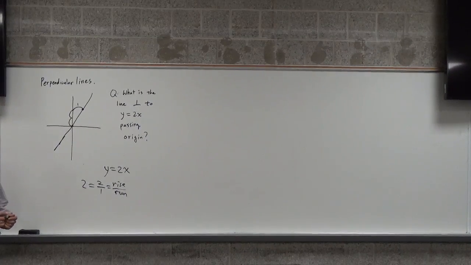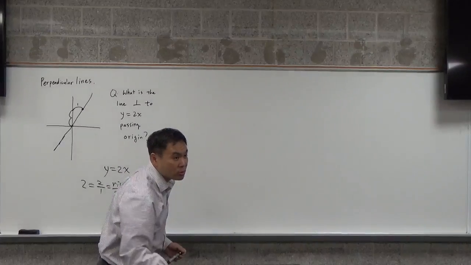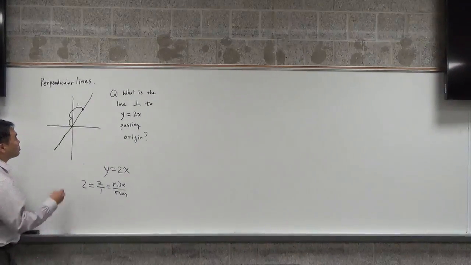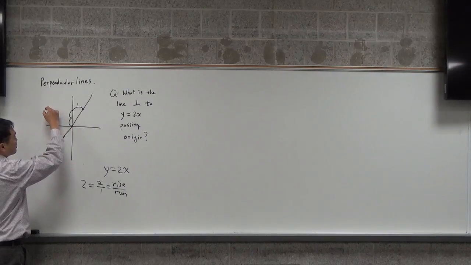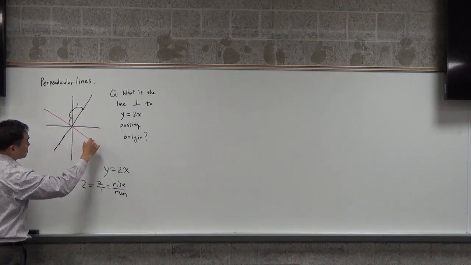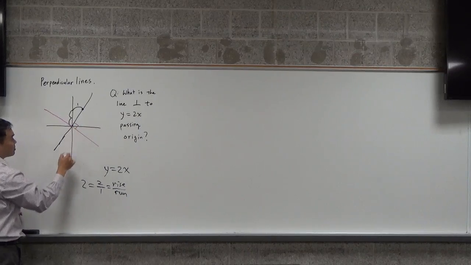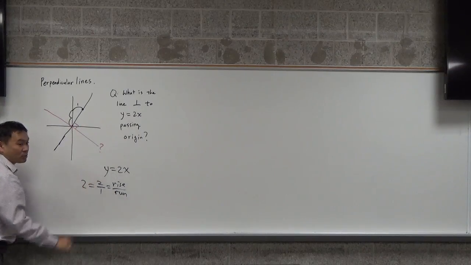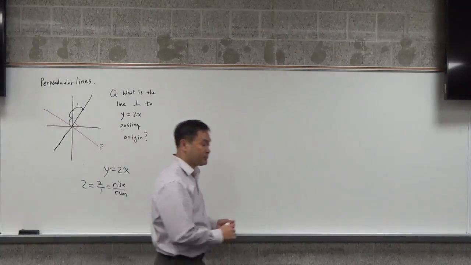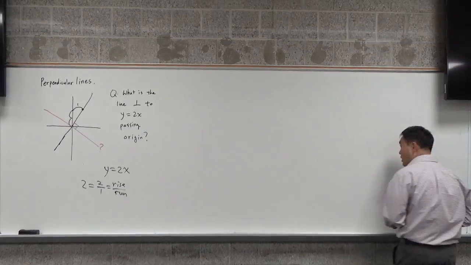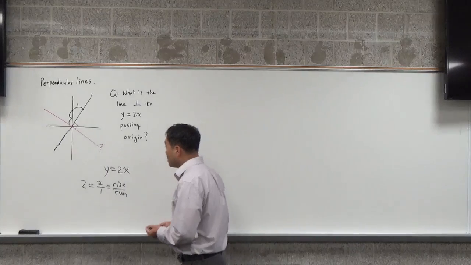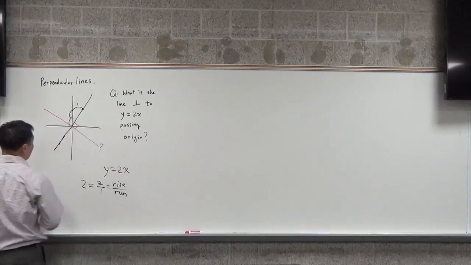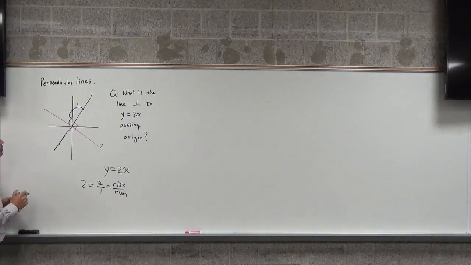Okay? Now what I'm trying to do is draw another line that's perpendicular to this, right here. It's 90 degrees. And the question is, what is this equation? Well, think about this.